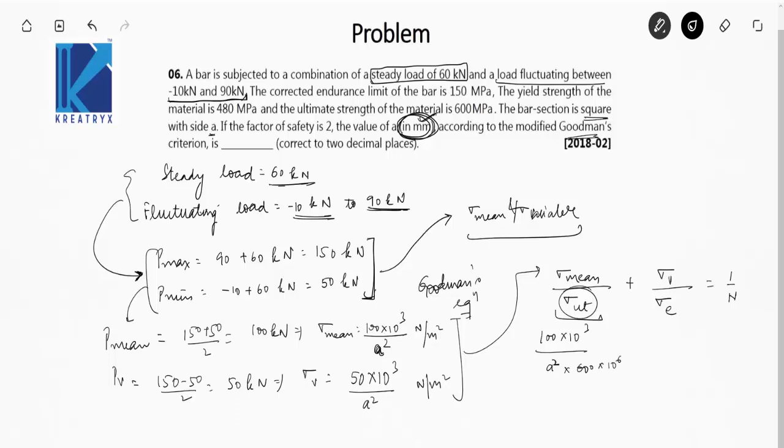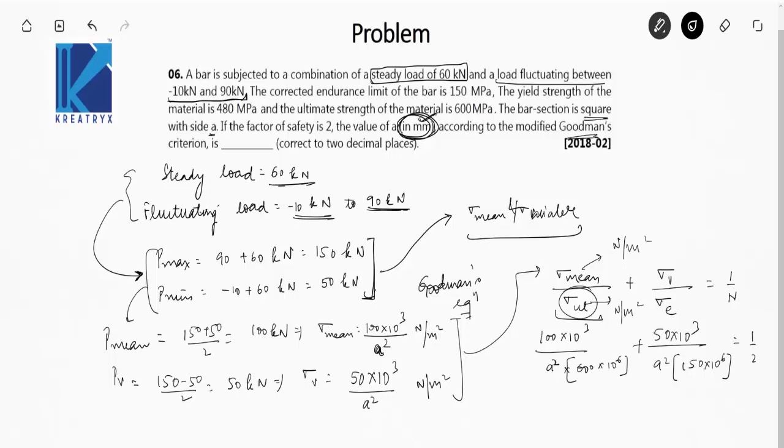So sigma mean is in Newton per meter square and sigma ut is also in Newton per meter square, plus sigma v is 50 into 10 to the power 3 upon A square into endurance strength, which is 150 megapascal, that is 150 into 10 to the power 6, is equal to 1 by 2.